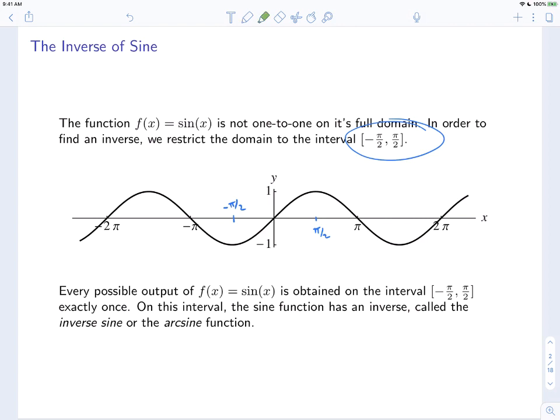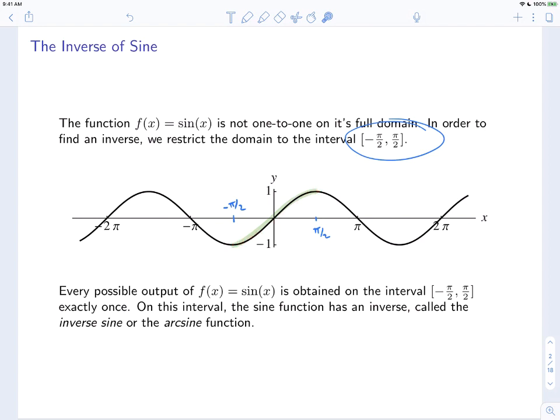So on the graph, you can see that it is an increasing function on this interval. In particular, it's one-to-one, so it has an inverse. And in fact, we achieve every value of sine on this interval. We have minus 1 all the way up to positive 1, the smallest value of sine up to the largest value of sine.